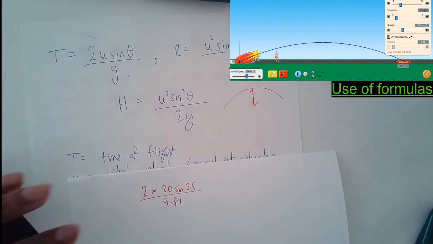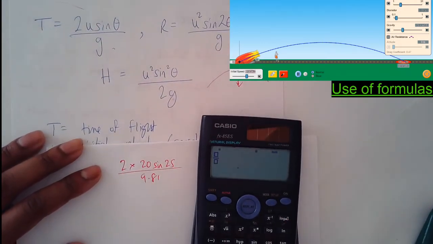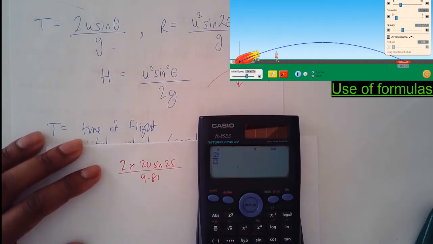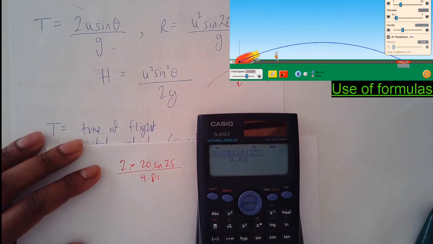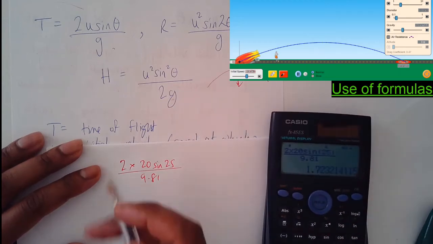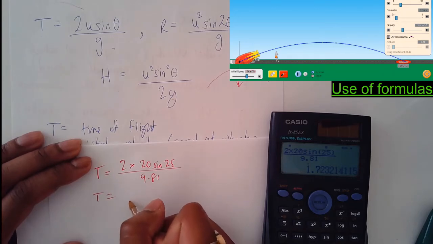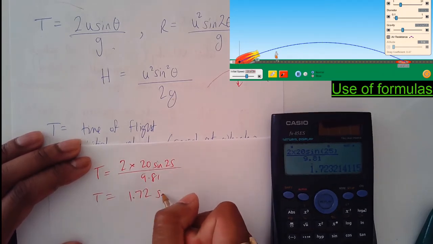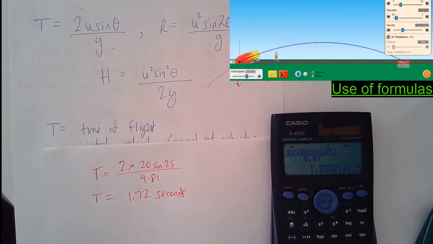Right, let's work this out. According to the formula, the time of flight, t, is 1.72 seconds. That's how long it took to get from the cannon to the surface.